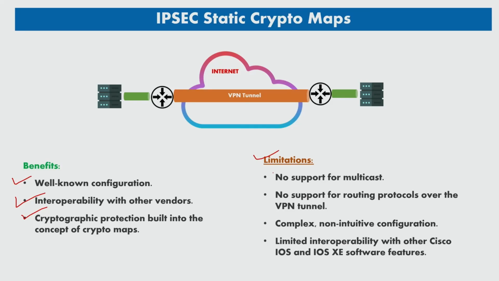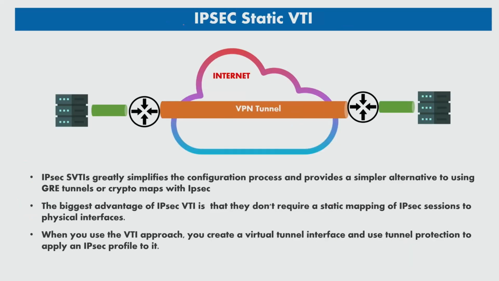In terms of limitations, there's no support for multicast, and there's no support for routing protocols over the VPN tunnel. It is a complex and non-intuitive configuration, and it has limited interoperability with other Cisco IOS and IOS XE software features. Crypto maps are supported on Cisco IOS and IOS XE software routers, Cisco ASA appliances, and Cisco Firepower next-gen firewall devices.